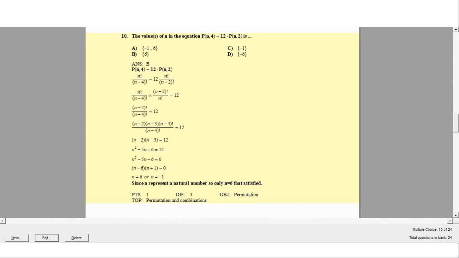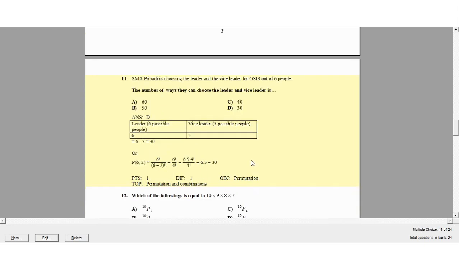Okay, number 11. SMA Pribadi is choosing the leader and the vice leader for OSIS out of 6 people. The question here is the number of ways they can choose the leader and vice leader. Actually you can solve this in 2 ways.